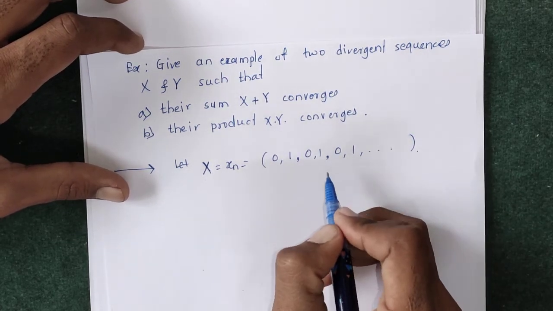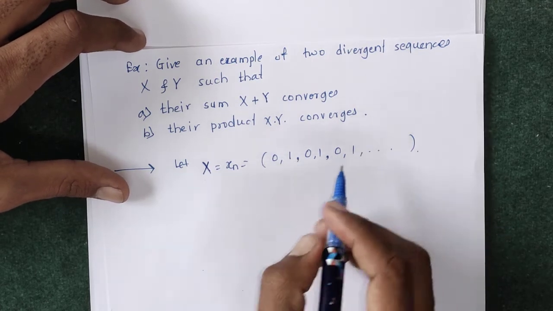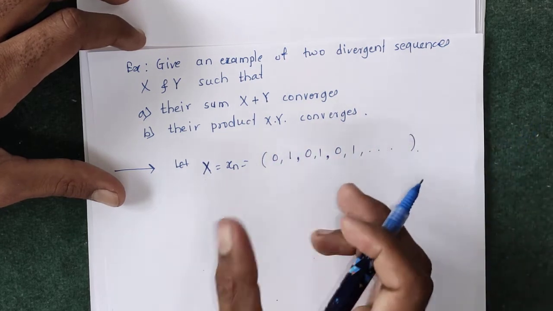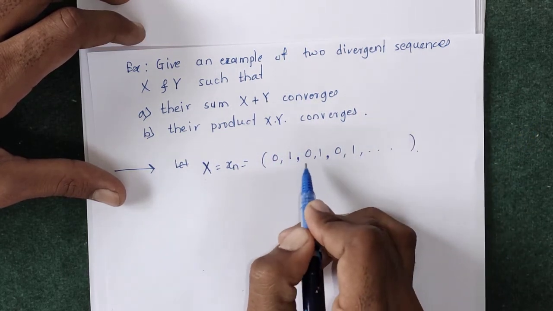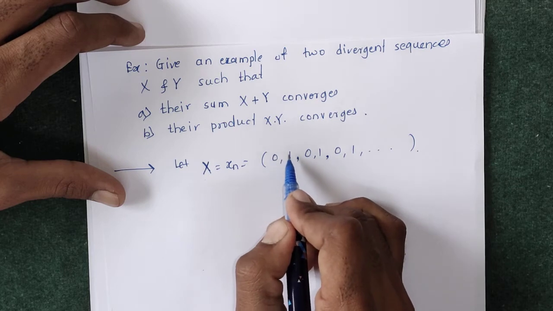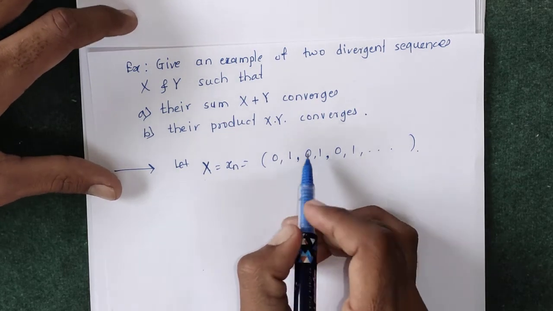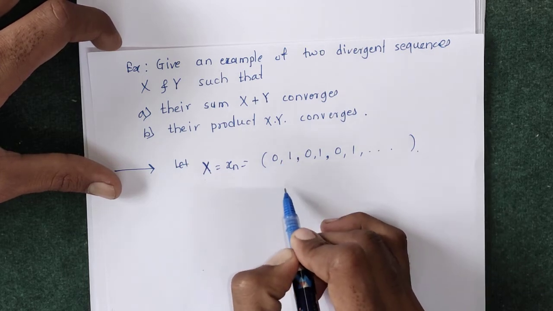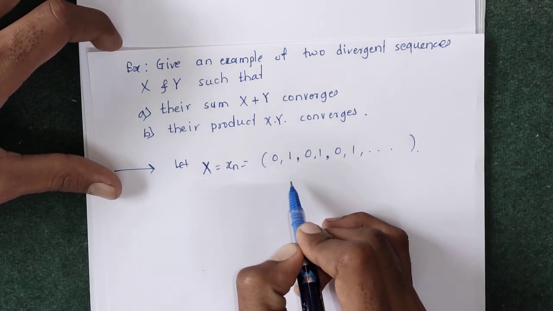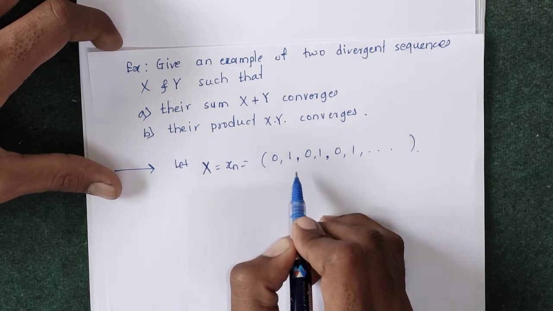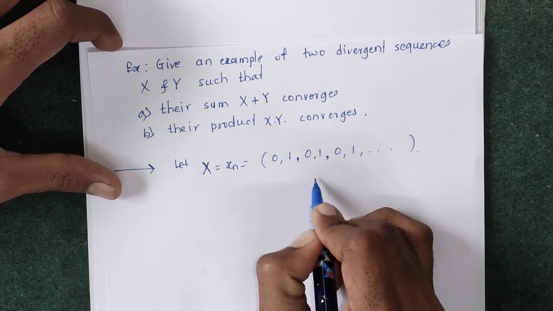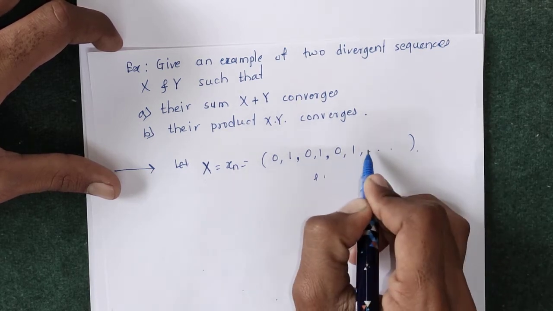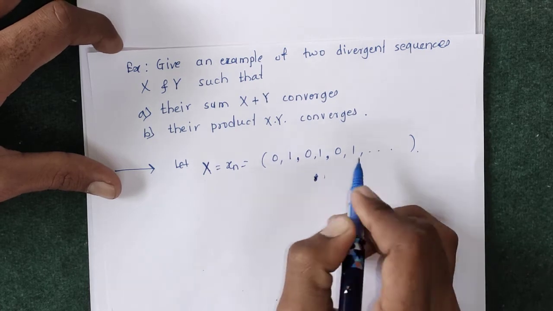A sequence converges to a particular limit L whenever all the terms, for any n greater or equal to N, are very close to that limit L. If we use the epsilon definition and take epsilon equal to 1 by 2, then for any limit L, if we draw the epsilon neighborhood of that point, there are not enough terms of this sequence inside. So clearly this sequence is divergent.